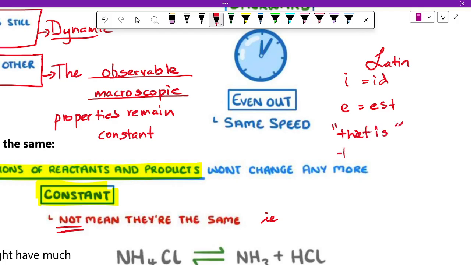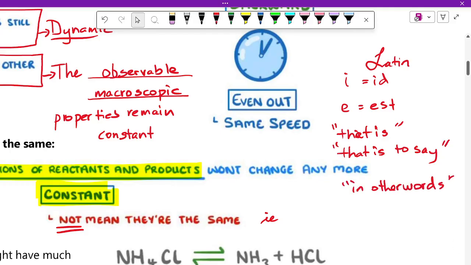In other words, that is to say. So, IE means in other words. So, in other words, concentration of products does not equal the concentration of the reactants.